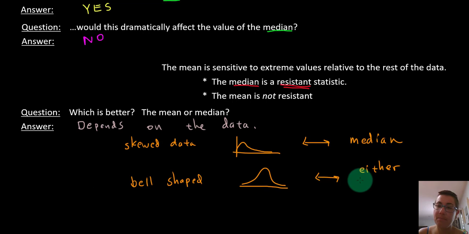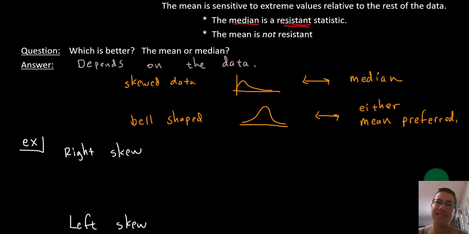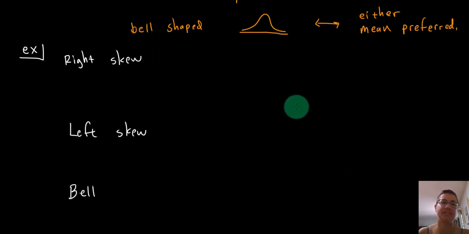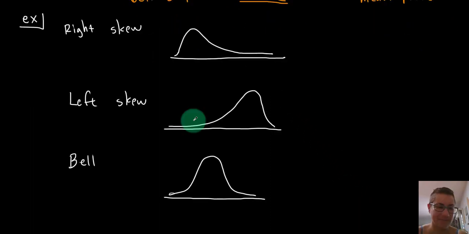However, the mean is usually preferred. Let's look at a couple examples here to discover some relationships between the mean and median for different types of distribution shapes. Scrolling down here, we're going to look at right skewed, left skewed, and bell-shaped.